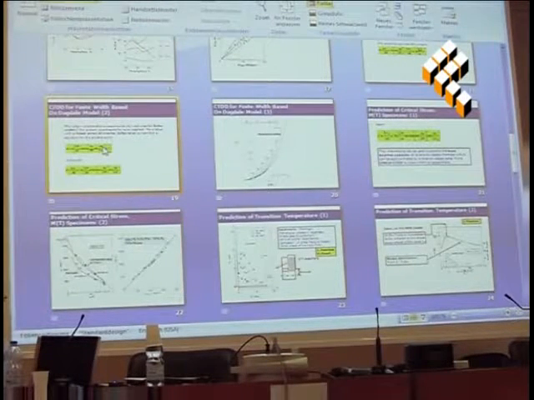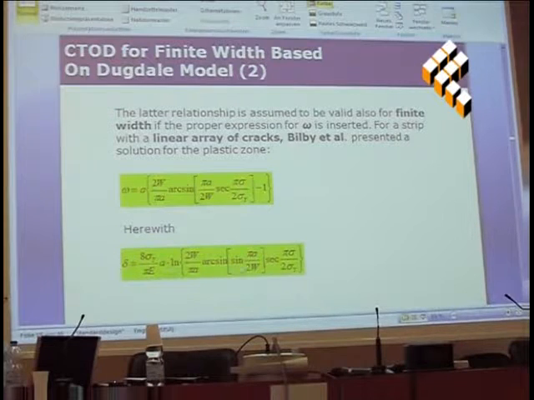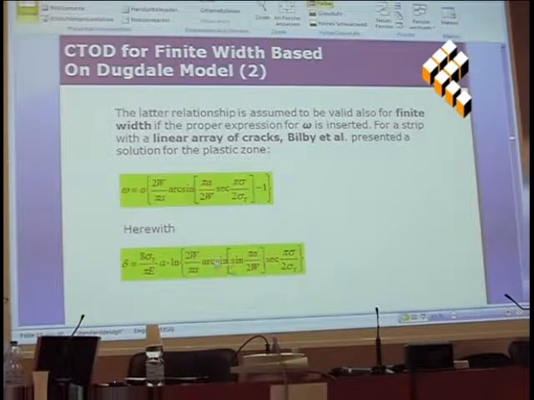Okay, yesterday I also showed you this equation for the CTOD, which shows the size effect in the form of a over W here, and the little bit confusing functions here.